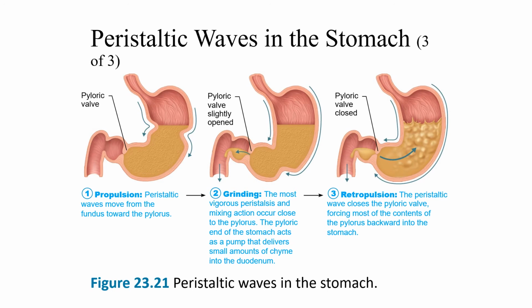There's grinding. The most vigorous peristalsis and mixing is going to take place in the pylorus. Then the pyloric area is going to pump chyme into the duodenum through the pyloric valve. Sometimes it's called the duodenal pyloric valve, sometimes the duodenal valve, but mainly I've heard pyloric valve.